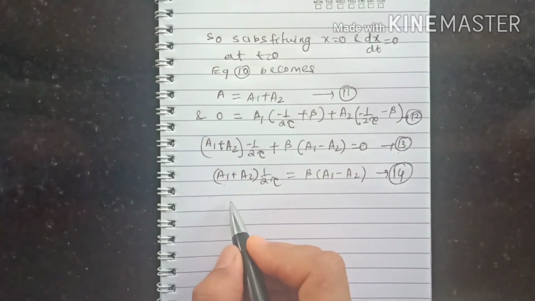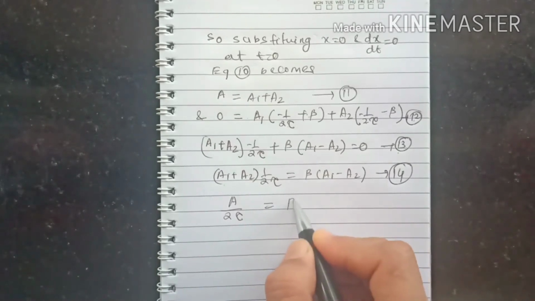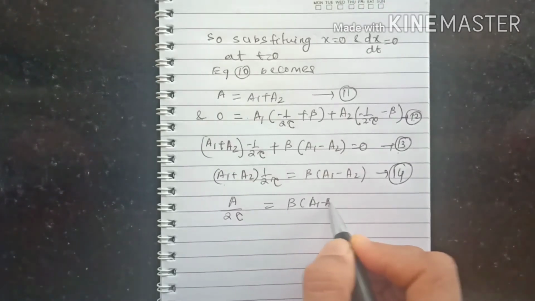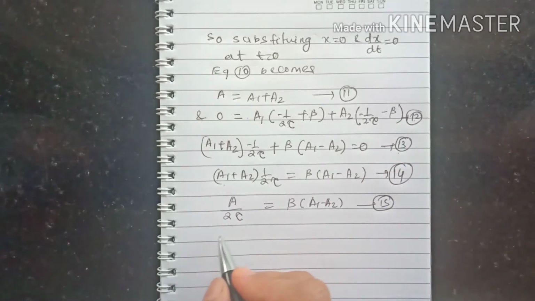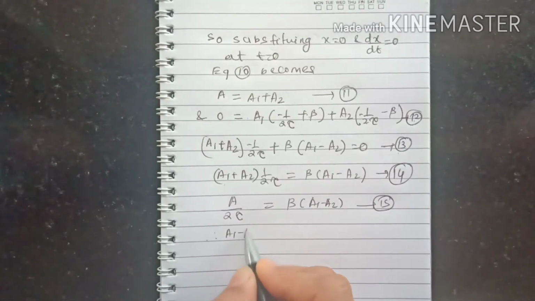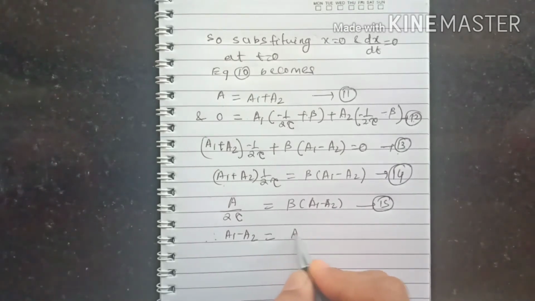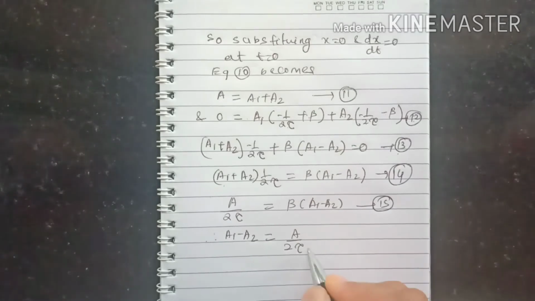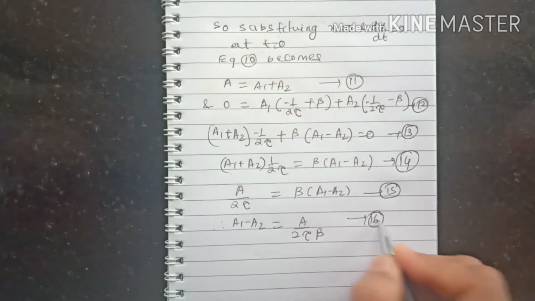That is A. So we get A upon twice of tau equal to beta into a1 minus a2. That is equation number 15. Therefore a1 minus a2 equals A upon twice of tau beta. That is equation number 16.